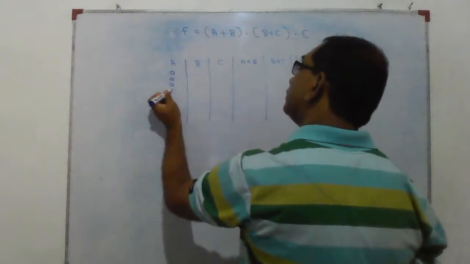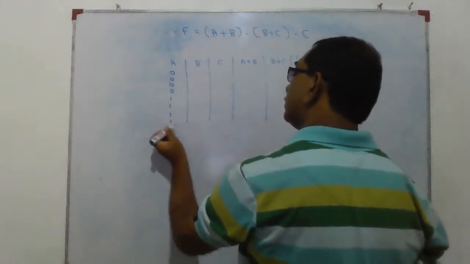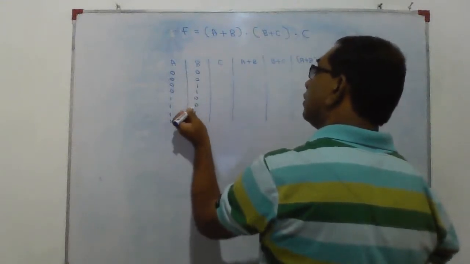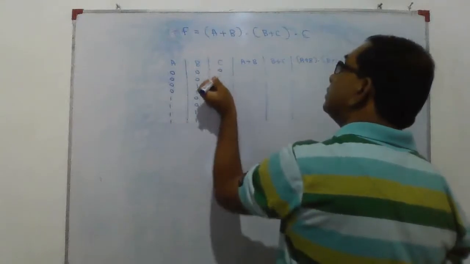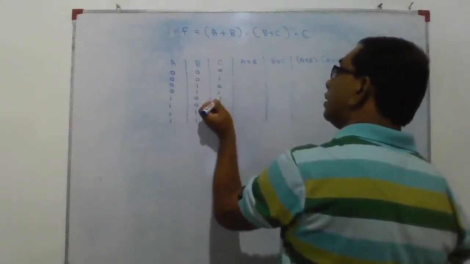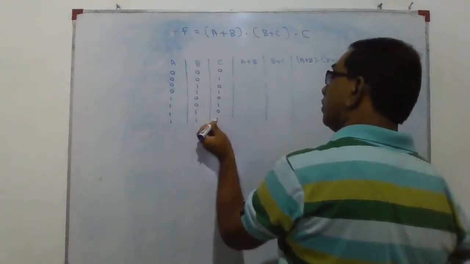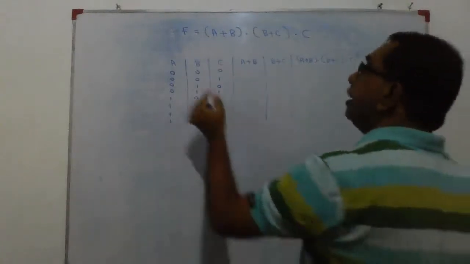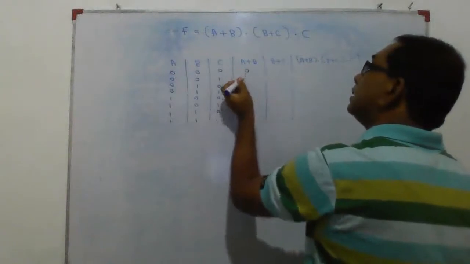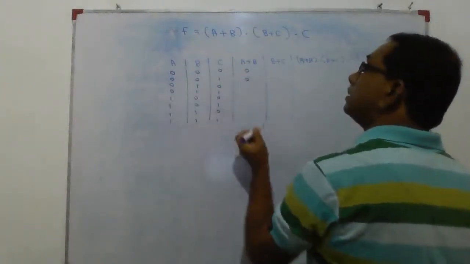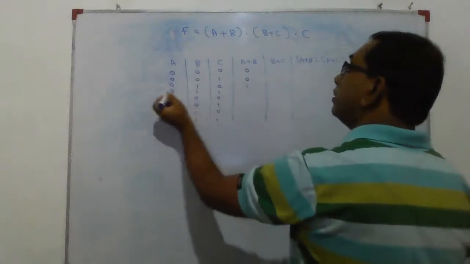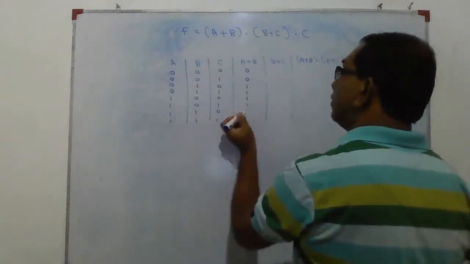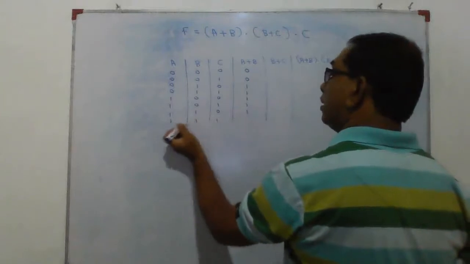So I have 4 zeros, 4 ones, 2 zeros, 2 ones, 2 zeros, 2 ones, 0 1, 0 1, 0 1, 0 1. Then A OR B: 0 0 1 1 1 1 1 1.